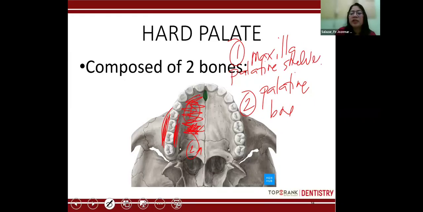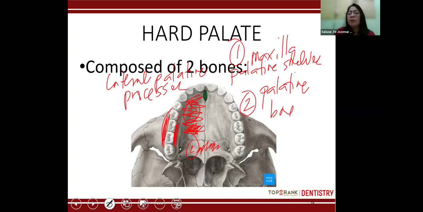Another name for palatine shelves is lateral palatine processes. And how about this? What part of the palatine bone is that? That is your horizontal plates of the palatine bone.